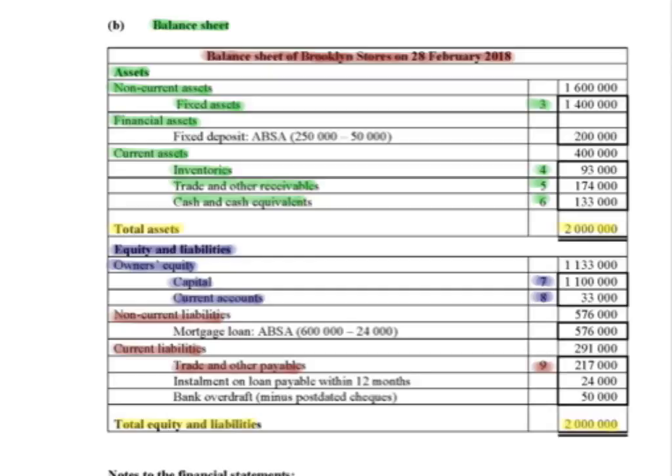Now for our second financial statement, and that is the balance sheet. The balance sheet is done according to our accounting equation, which says assets are equal to owner's equity plus liabilities.